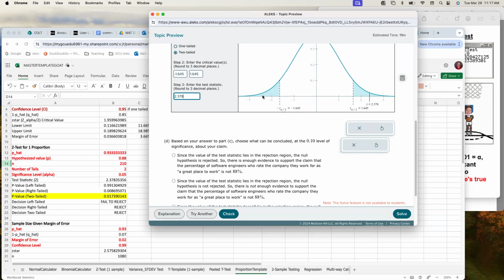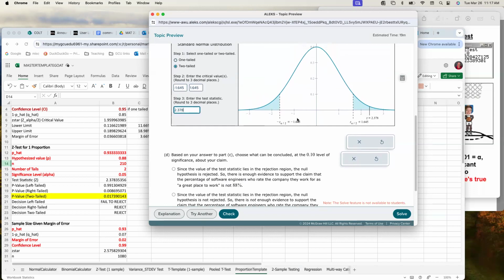Okay. So the idea is that that's the probability of getting those results if the null is true, which is pretty darn small. It's only about a 2% chance, or 1.7% chance. So that would give me evidence to reject the null.